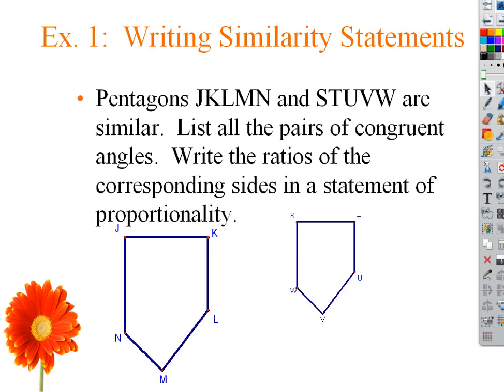So then, I don't want to do the whole thing here, but let's just pick a couple. List all pairs of congruent angles. Well, let's not list them all. Just list some. Can somebody give me an example of a pair of congruent angles here? Angle JKL, which maybe we could even just call angle K here, is congruent to angle T. What's one more?